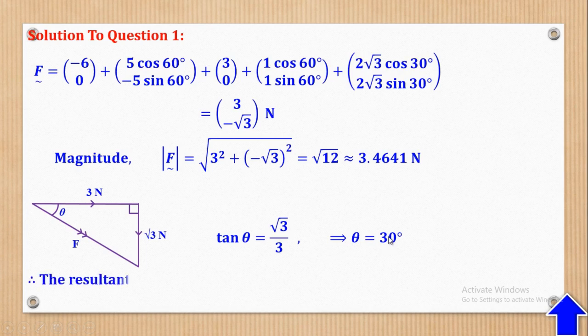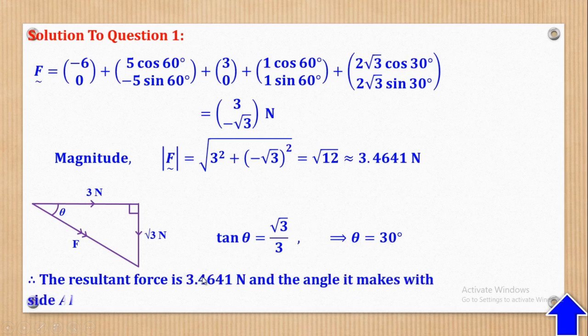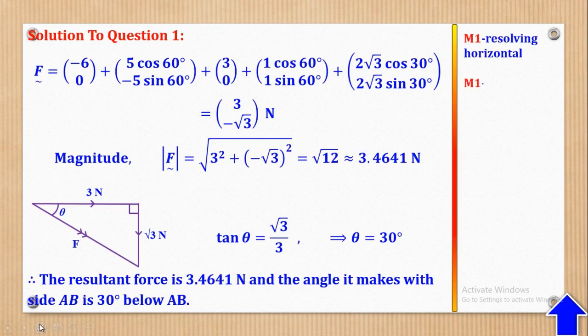Therefore I conclude that the resultant force is 3.4641 Newton, and the angle it makes with side AB is 30 degrees below AB. It is below AB because you see this theta is below this horizontal, and also our side AB was horizontal. So basically that's what they wanted, and now let's see how much can be awarded.